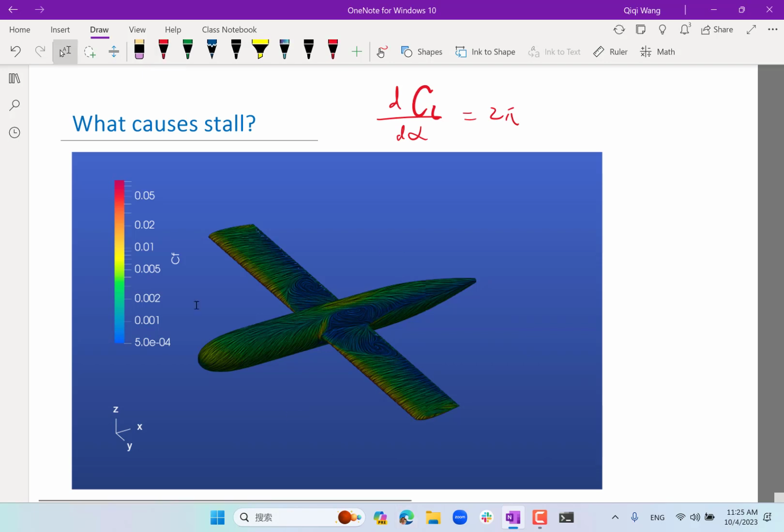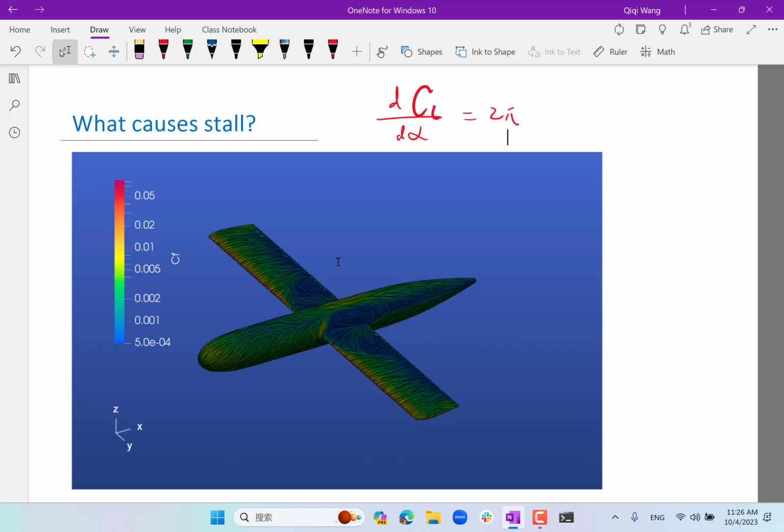So this is an airplane model in incipient stall. So you can already see that most of the wing, the flow still goes from leading edge to trailing edge, but there are very strange patterns appearing starting from the root, right? So this is a visualization of the direction of airflow very close to the surface, colored by how fast that flow is.